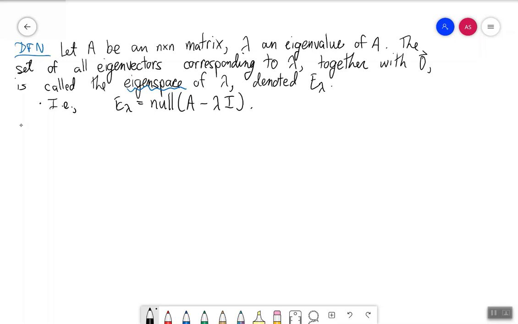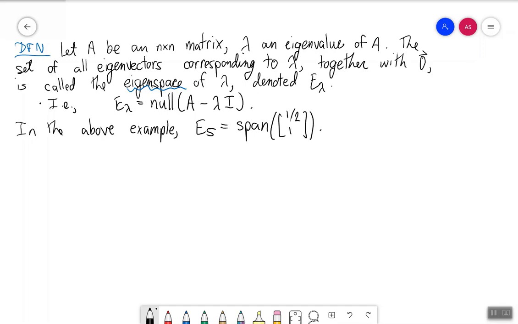In the above example, which I have helpfully removed from the screen, E sub 5 is equal to the span of the vector (1/2, 1), which is what we found.